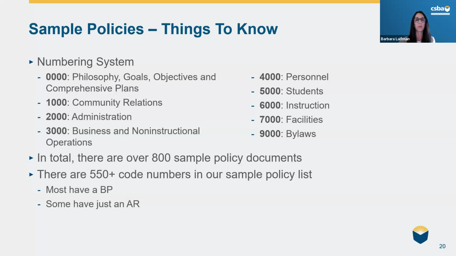And they're identified as being appropriate for certain staff members by different numbers. So the ones that have a 1 after the 4, so the 4100s, would be for certificated staff. The ones with a 2, the 4200s, for classified staff, and the 3, the 4300s, are for management and supervisorial employees.